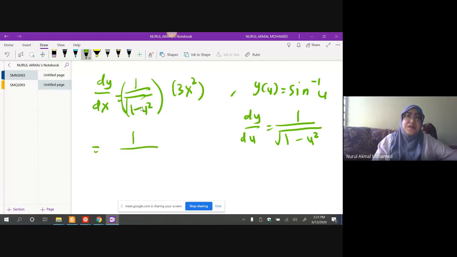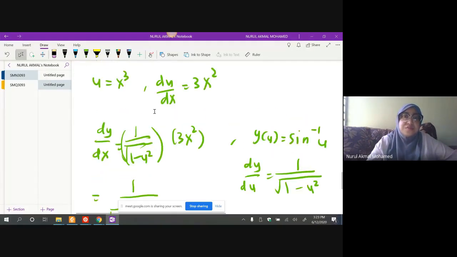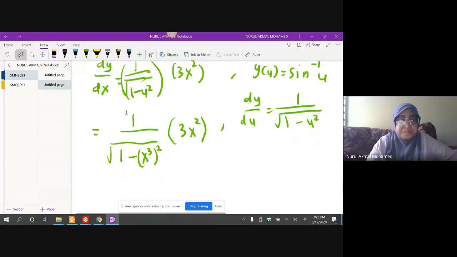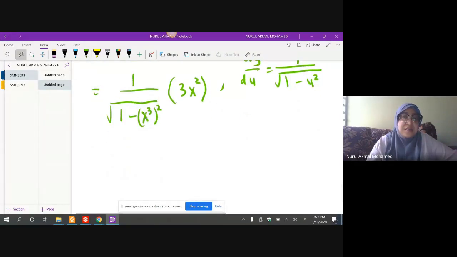So 1 over square root of 1 minus, what is u? It is x to the power of 3, to the power of 2, and then you multiply everything with 3x squared. Here it becomes x to the power of 6.